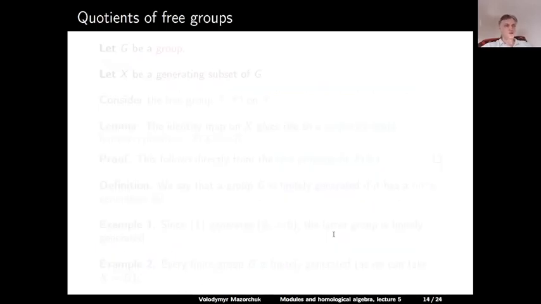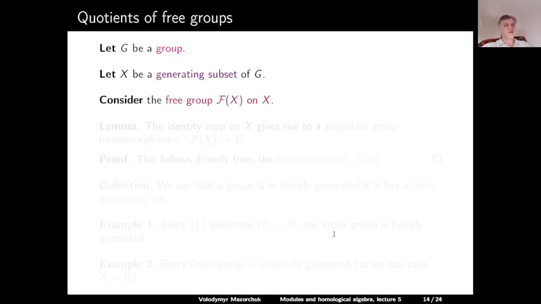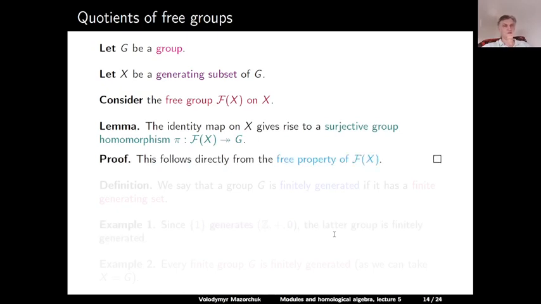Now we can talk about quotients of free groups. Let G be a group and X a generating subset of G. Then we have the free group F(X) on X, and the identity map on X gives rise to a surjective group homomorphism from this free group to G. This follows directly from the free property of F(X).